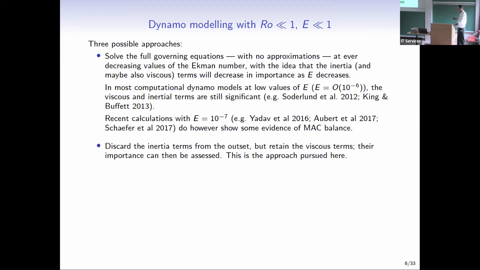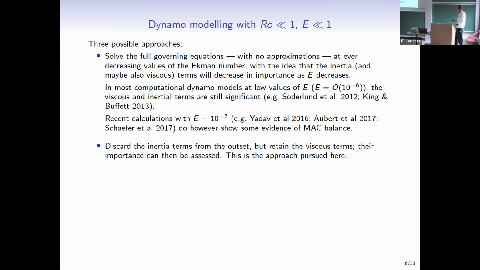Okay, you can make your life easier, which is what I'm going to talk about. So you can discard inertia from the outset. So some of the balances Johannes was mentioning yesterday that had I in the title, CIA, whatever, I don't have any I. But you keep the viscous terms.